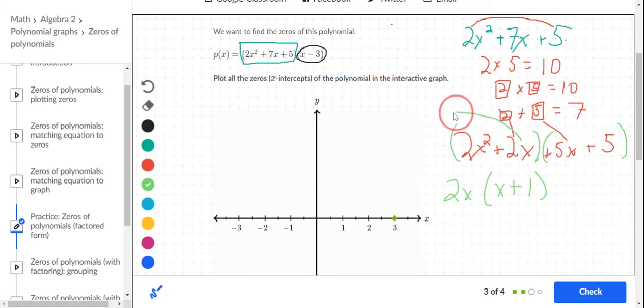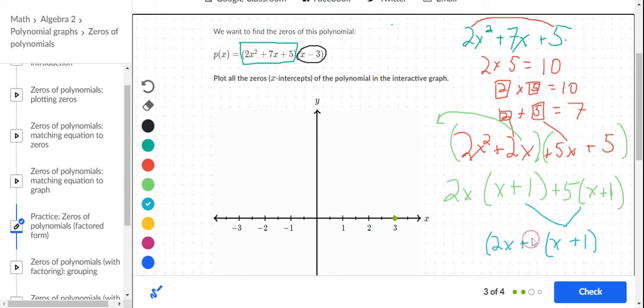Whenever we remove an entire term, there's a 1 left over in that factor. All right, what do these two have in common in the second group? They have a 5 in common. That also leaves an x plus 1. Remember, in grouping, our goal is to have the same thing left over. So that leaves us with x plus 1 as one of the factors and 2x plus 5 as another factor.